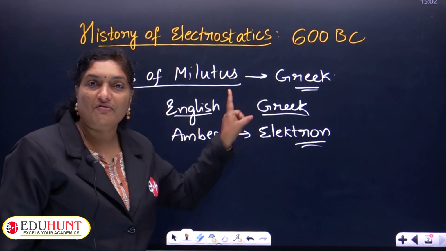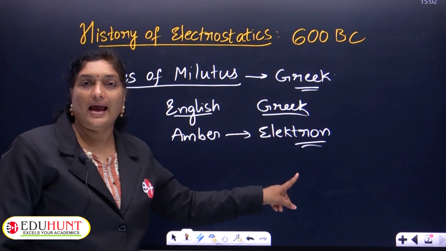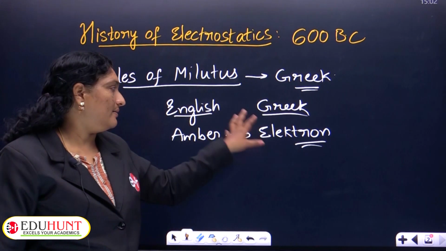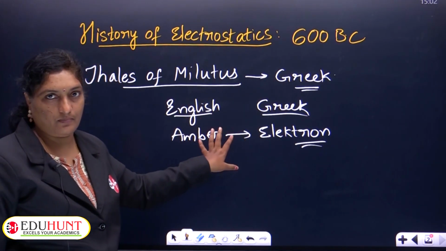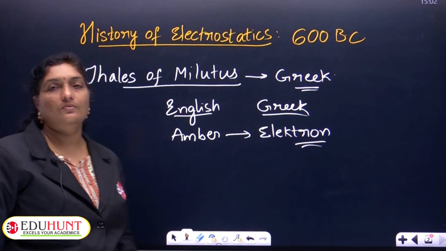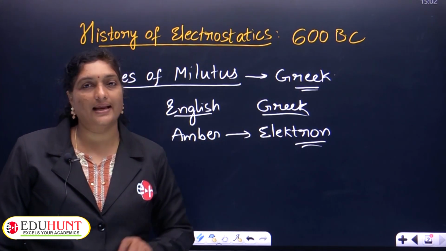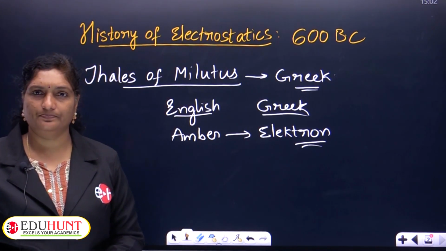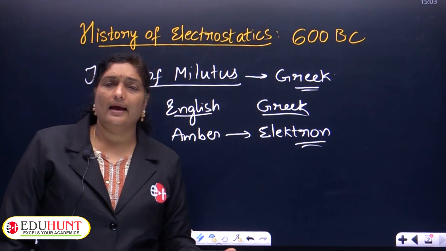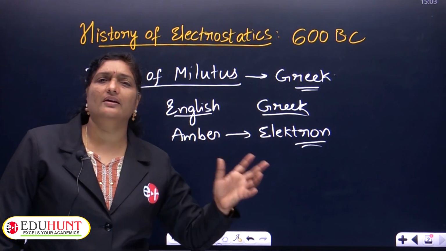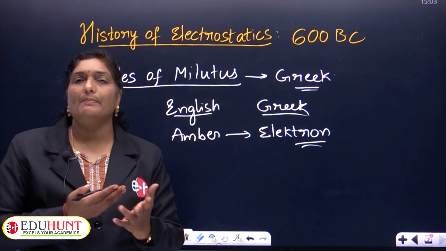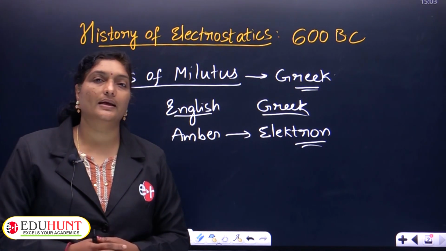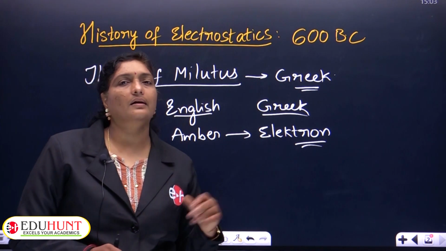Why electron? In the very first experiment, an object attracting lighter particles was discovered at this time, and the very first object they used was amber, which in Greek they call electron. Hence, the concept of electricity has originated. Later on, in other experiments, they took a number of different objects and tried rubbing them with different elements, and they observed that the similar property is observed in all other materials.